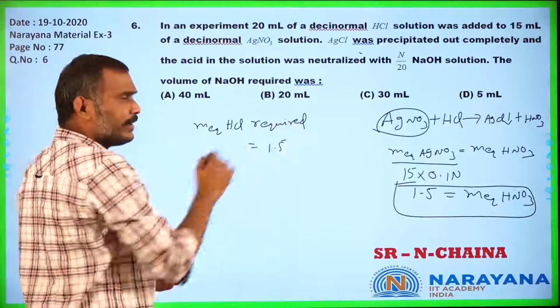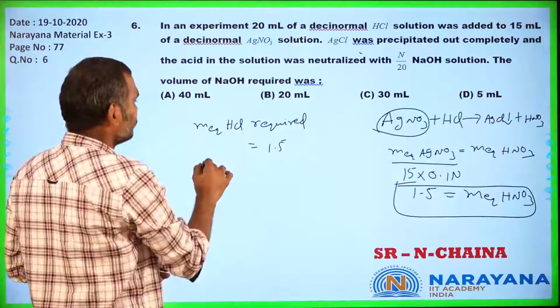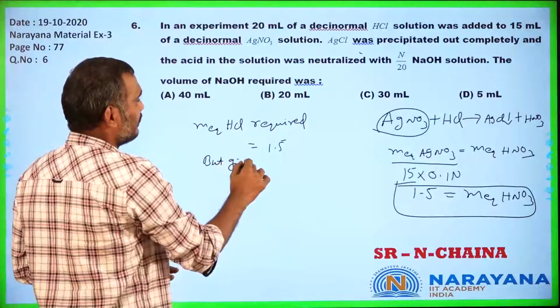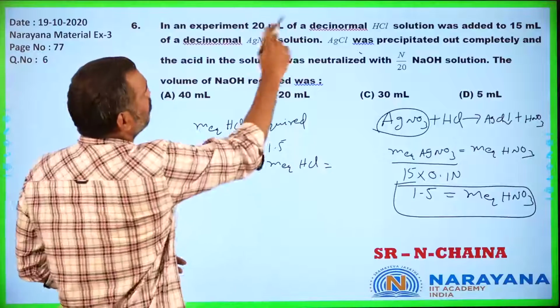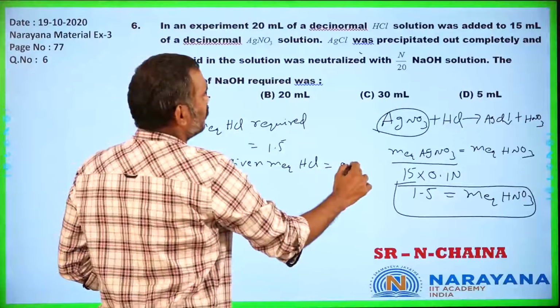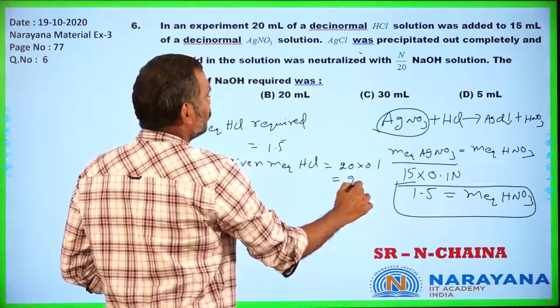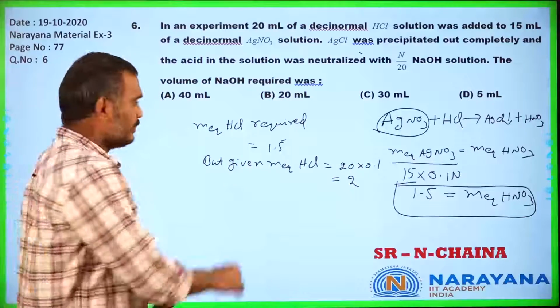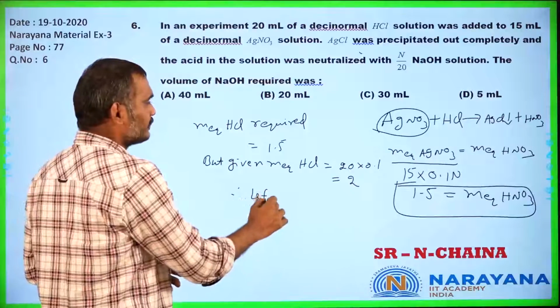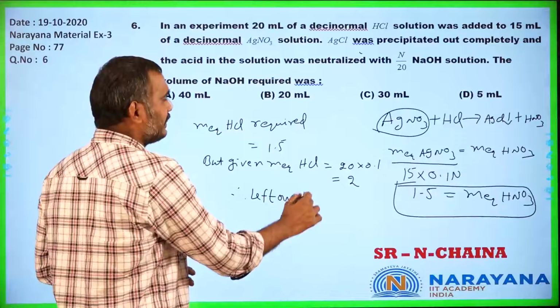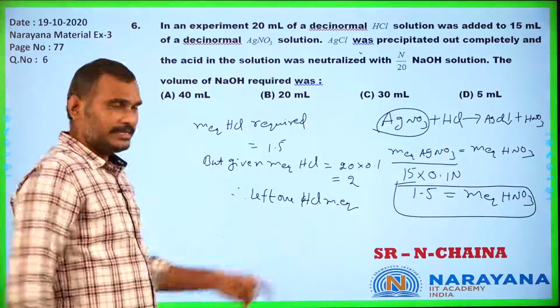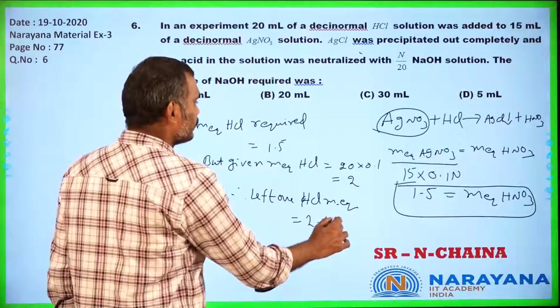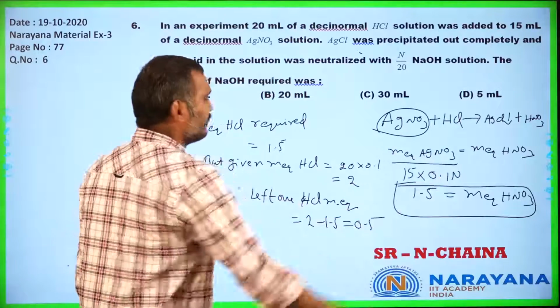This is required, but given milli equivalents of HCl is 20 into 0.1, that is equal to 2 milli equivalents. Therefore, leftover HCl milli equivalents, 2 minus 1.5, is equal to 0.5.